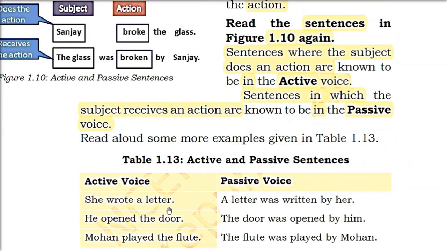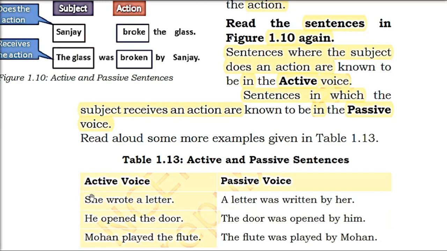Let me give an example. She wrote a letter. She is the subject, wrote is a verb, letter is an object. Okay, now just change the position of subject and object. If you want to convert the active to passive voice, just take the subject and replace it with object. She wrote a letter. So letter, you cannot write letter wrote she.